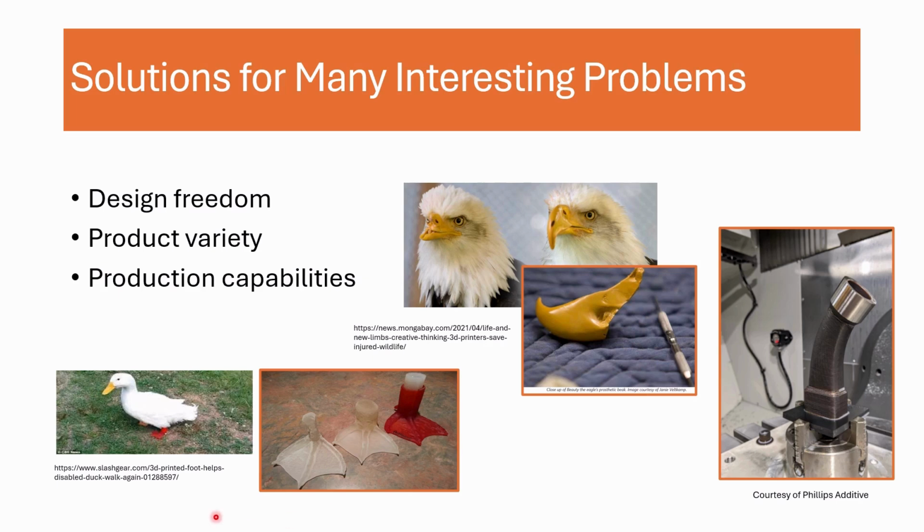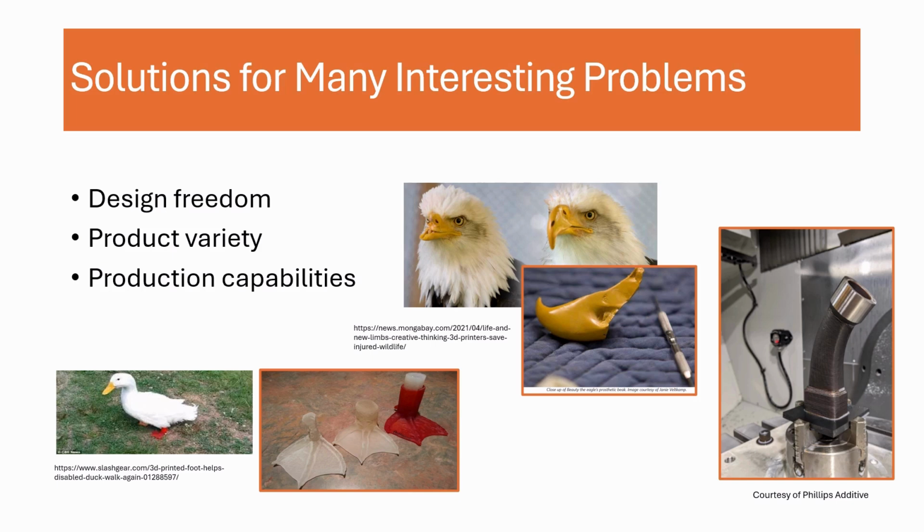In the more traditional engineering and manufacturing domains, courtesy of Philips Additive Hybrid, here is a directed energy deposition and machined part hybrid manufacturing that was fabricated actually during the International Manufacturing Technology Show in Chicago. They had a low volume order.